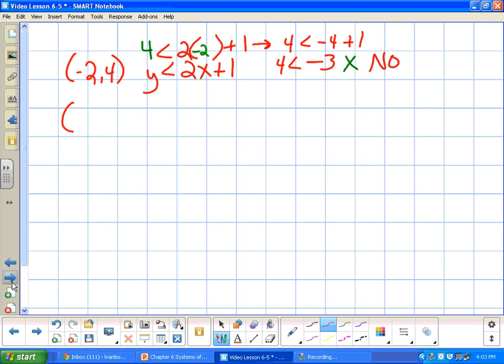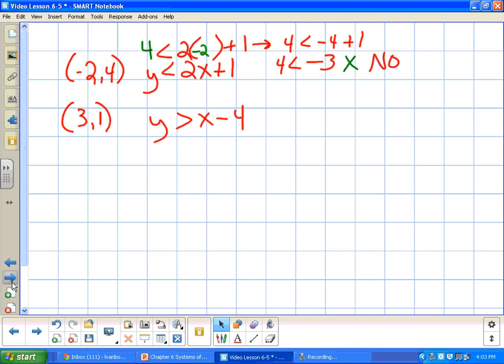In our second example, we're going to use the ordered pair 3, 1, and we'll use the inequality y is greater than x minus 4. So again, we'll put in a 1 where we see the y, we'll put in a 3 where we see the x.